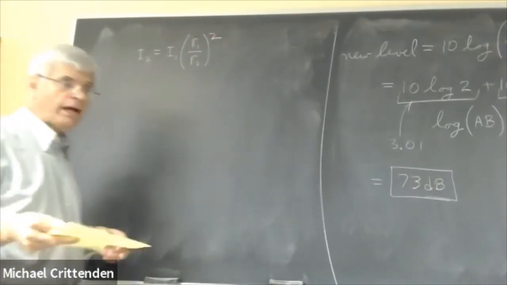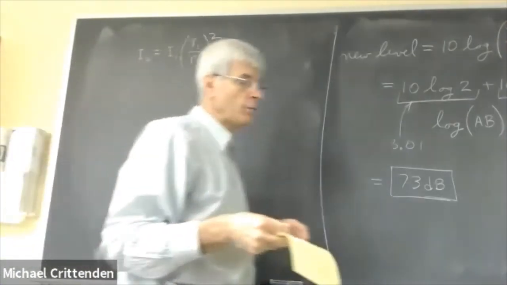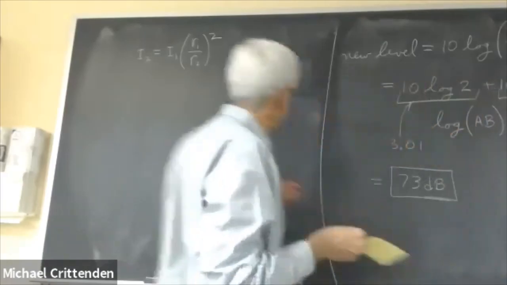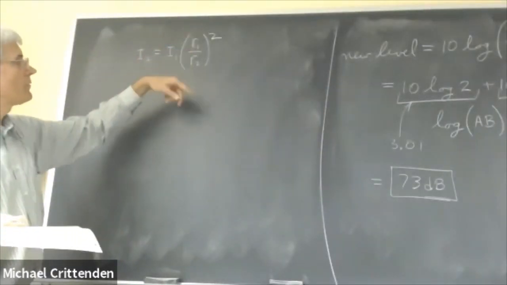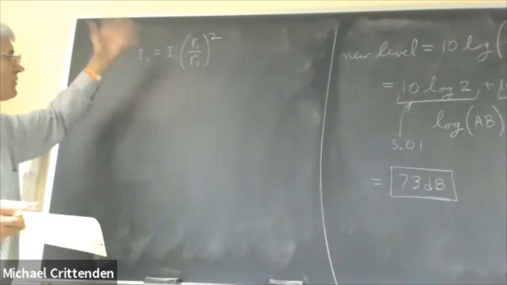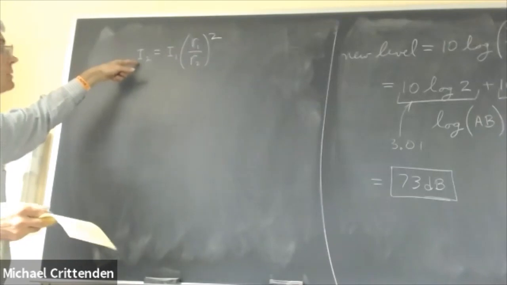From a page or so back in your notes, maybe half hour ago in this same recording, I said I2 over I1 equals R1 squared over R2 squared, and I've just done a little bit of minor algebra to solve it for the thing I want to know, which is I2.